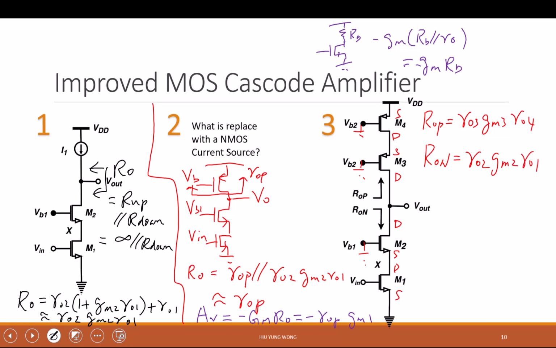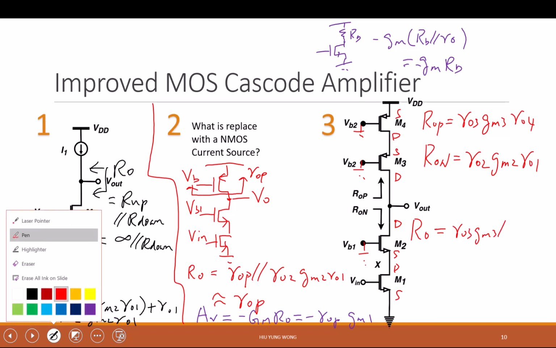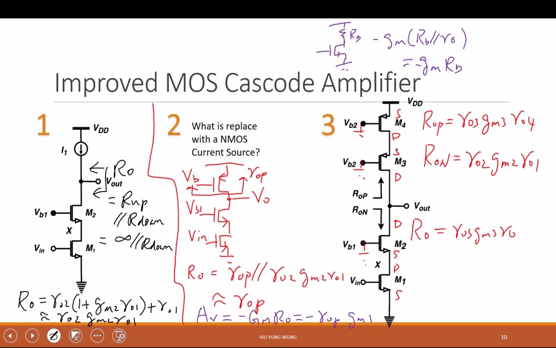They have similar magnitude, right? So the output impedance is equal to RO3 GM3 RO4 parallel RO2 GM2 RO1, which is large because both of them are large, unlike this case.